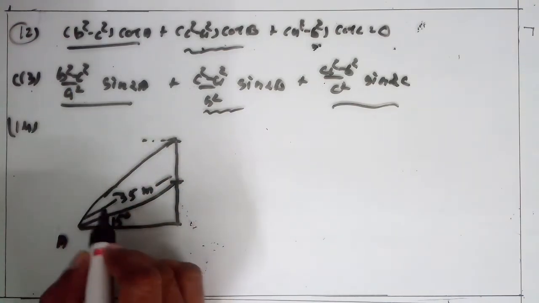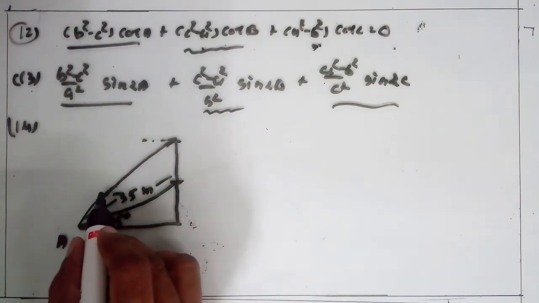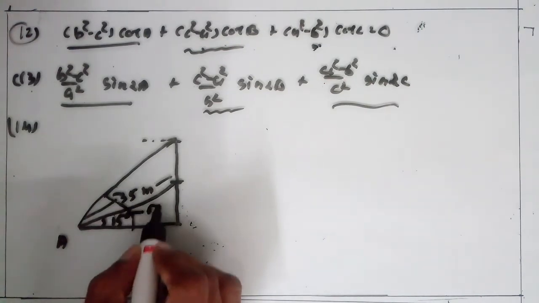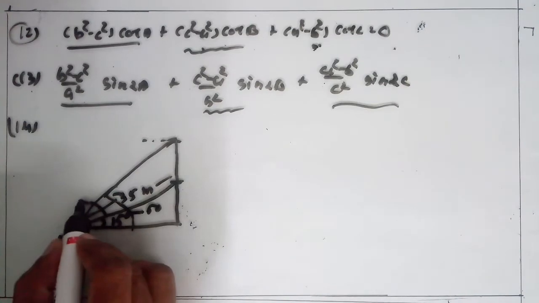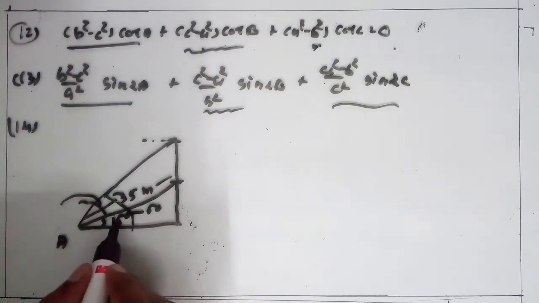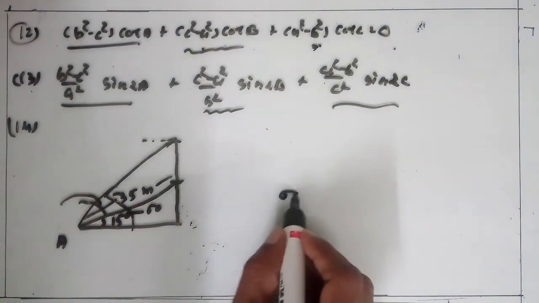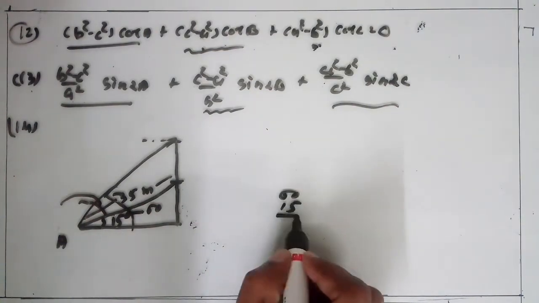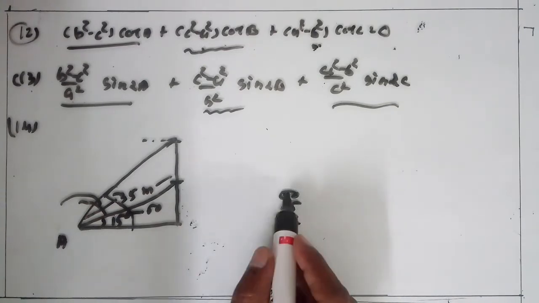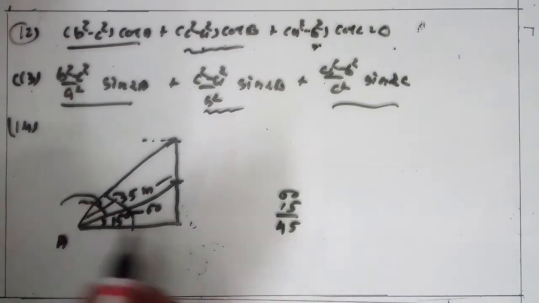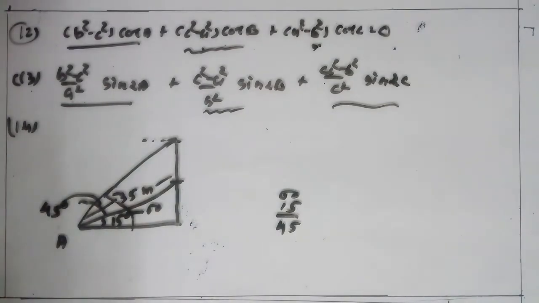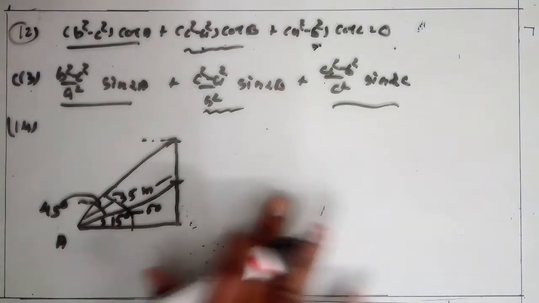So this angle becomes 60 degrees. Clear this? So what is the measure of this angle? 60 minus 15, so it is 45. Clear? So this angle is 45 degrees.